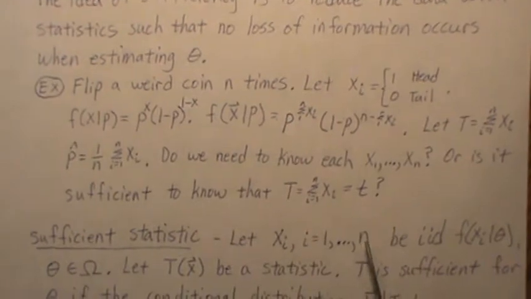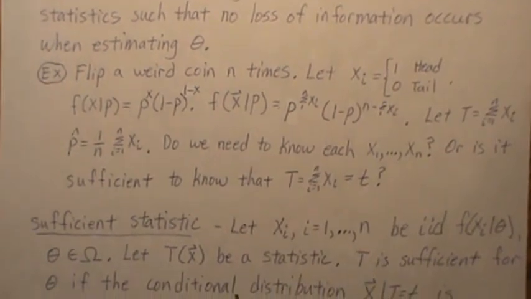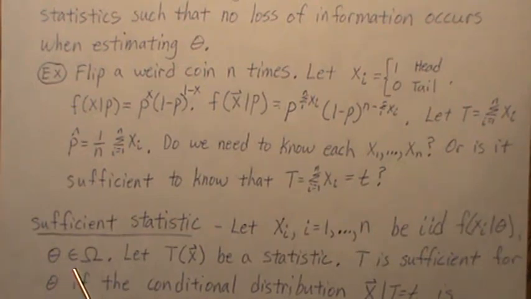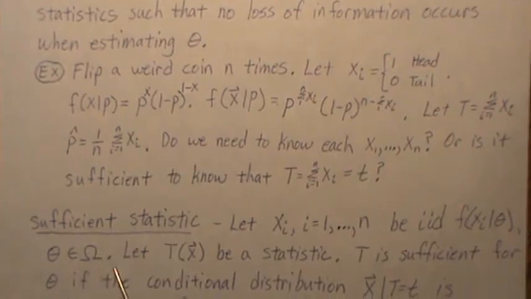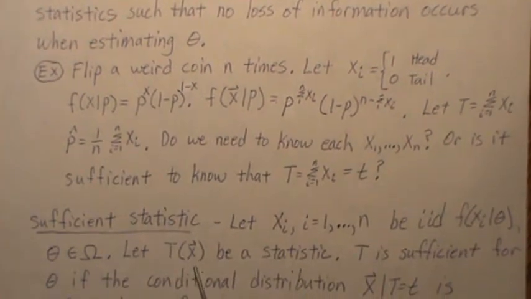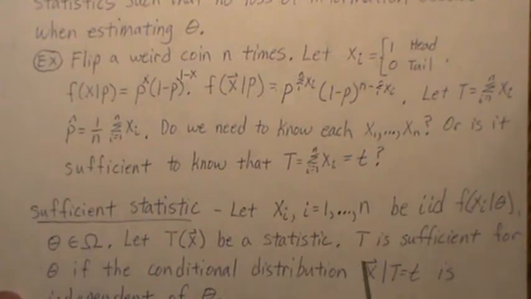Now, a little more technical definition of a sufficient statistic is this. Let xi, i from 1 to n, so it's a sample, be IID from this function. Of course, the unknown parameter theta lives in the parameter space omega. Let T be a statistic.